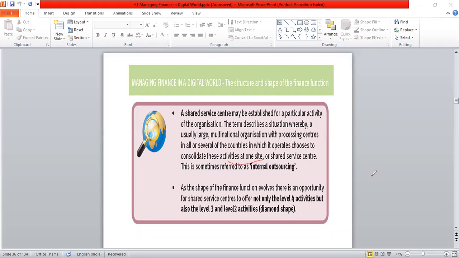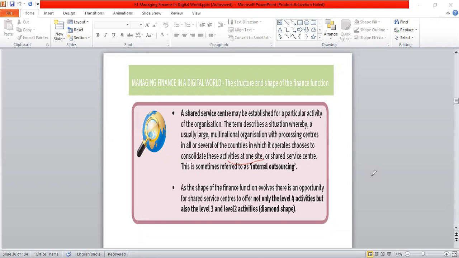Here it is outsourced, but it is not to an external entity. Within the organization, only one unit takes up that operating activity. So once the operating activity is carried out, then the benefits are moved to the other units of the organization and the work is carried out.